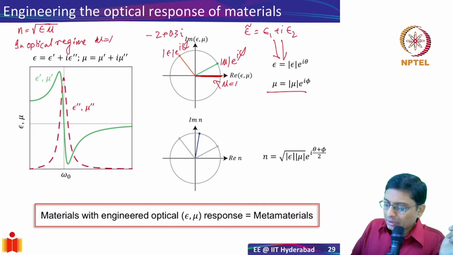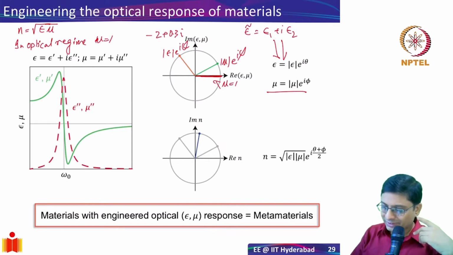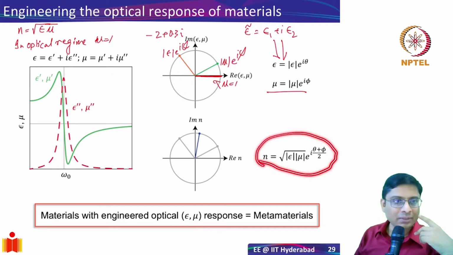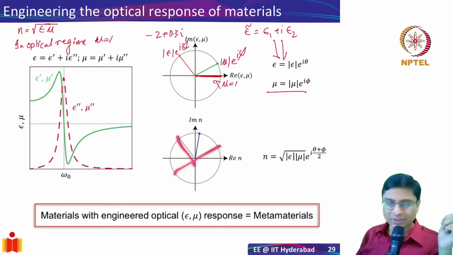Now if I have such a scenario, what is my refractive index? I know my refractive index is simply the root of epsilon and mu, right? So I'll end up with a refractive index which has some magnitude, dependent on the magnitudes of epsilon and mu, and a phase term which is essentially the average of the phases of mu and epsilon.